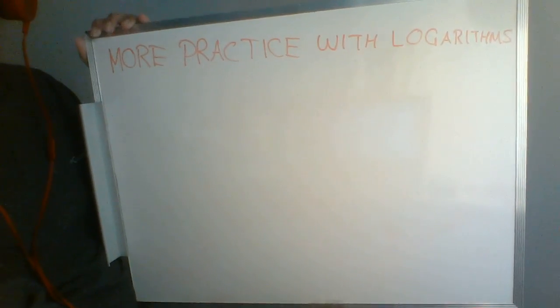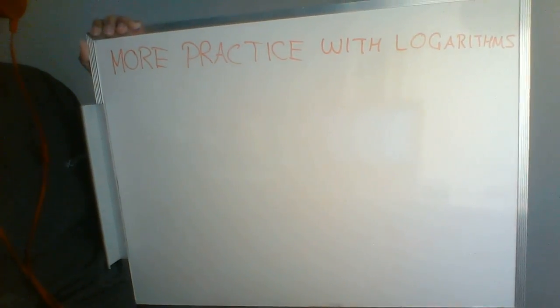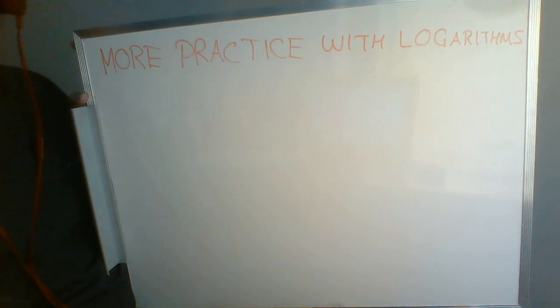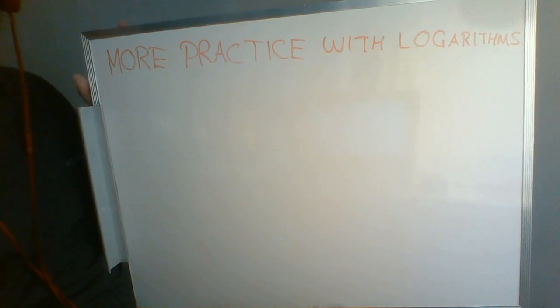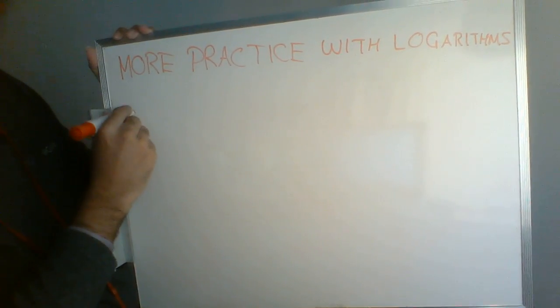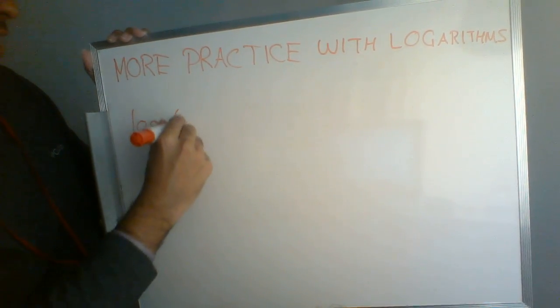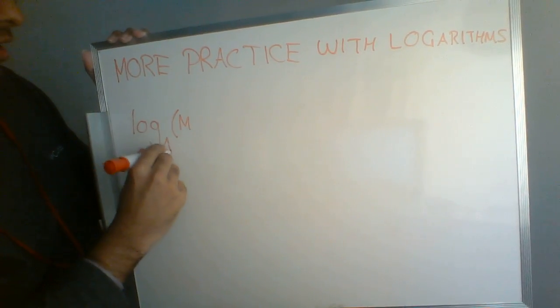The first few questions that we're going to go over aren't necessarily going to involve the logarithm rules, but I'll put them up here in case you wanted to remind yourself of them.